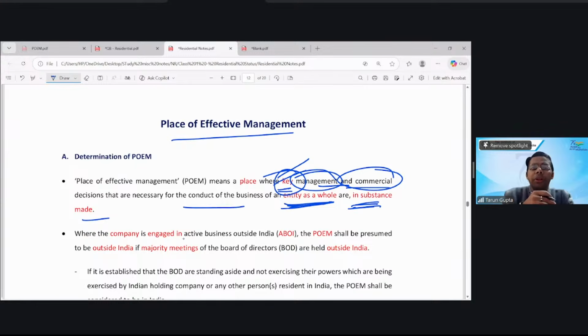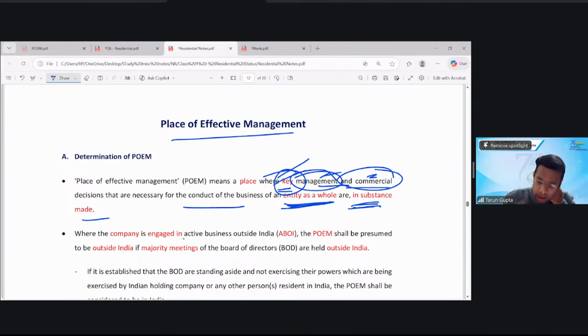So decisions should be key decisions. We are not talking about the routine or the regular decisions. Key decisions means decisions which impact the revenue flows of the company as a whole. Then we are talking about management and commercial decisions. We are not talking about administrative or regular day-to-day decisions.